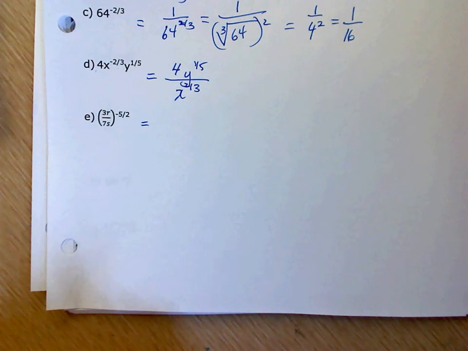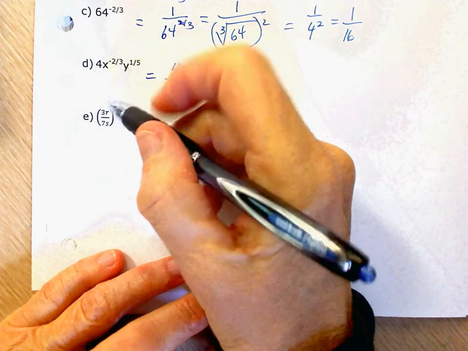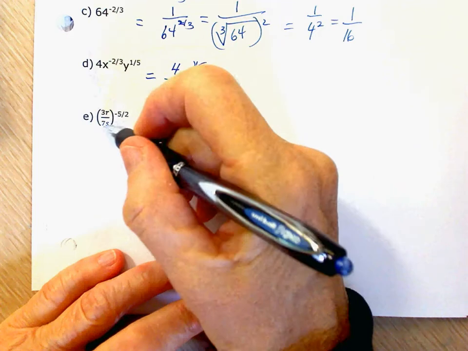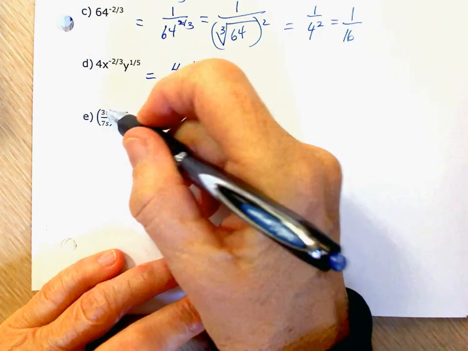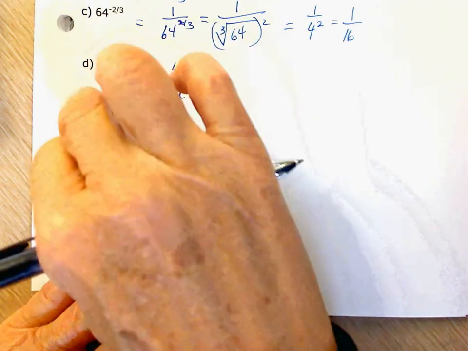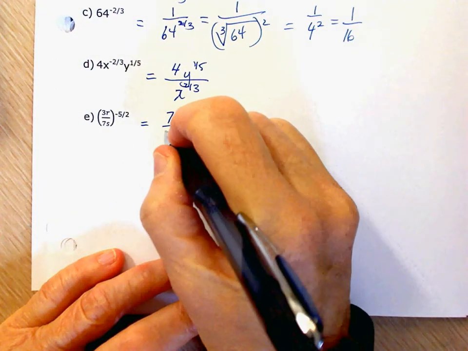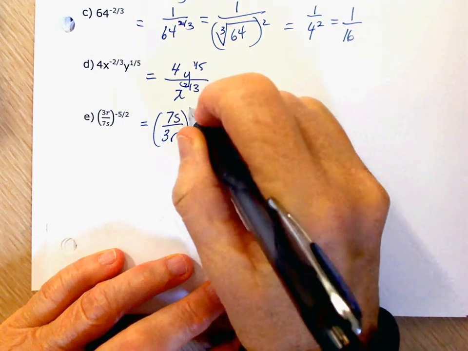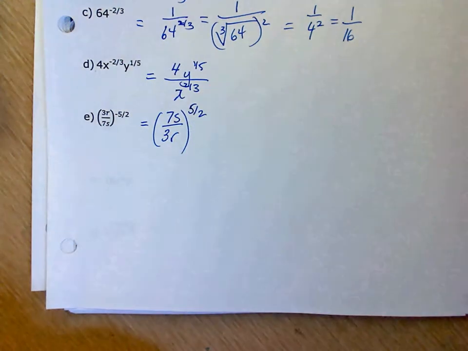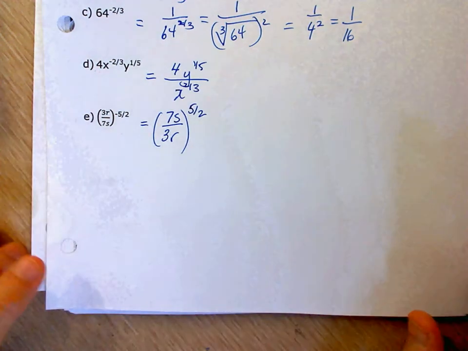The easiest way, if this is a negative sign, and it applies to both the numerator and the denominator, we'll just swap, right? So this will be 7s over 3r to the 5 over 2. That's all we can do there. I want to do a few more examples with you.